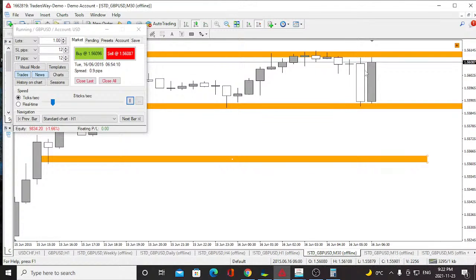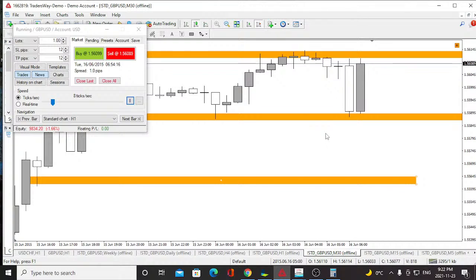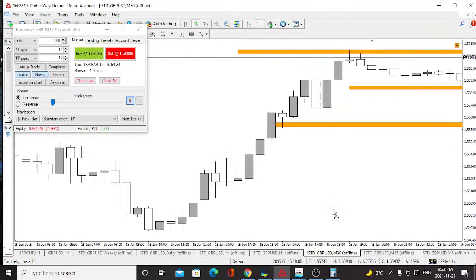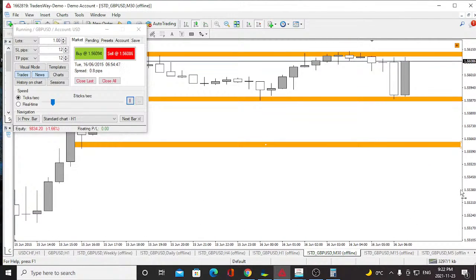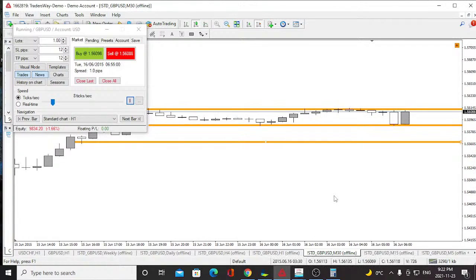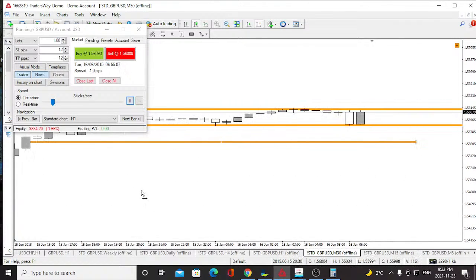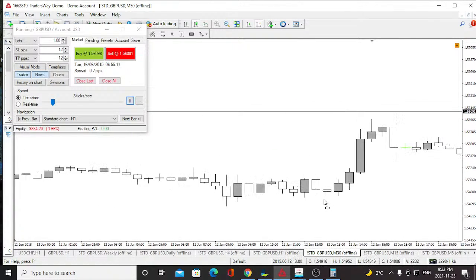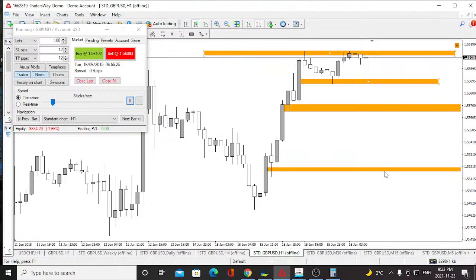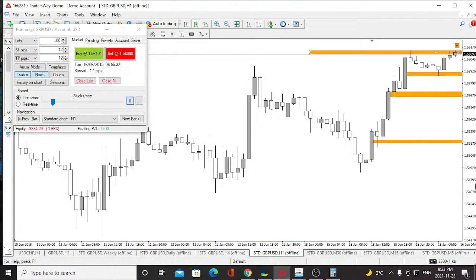Right now we didn't take any sells nor buys. Price just smashed all the way up. So now we have to just expand it this way. What do we think price is going to do? To be honest, I think price has the potential to continue upwards, but it's hard to say.